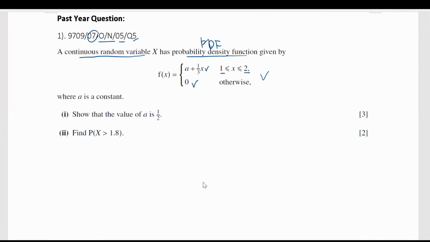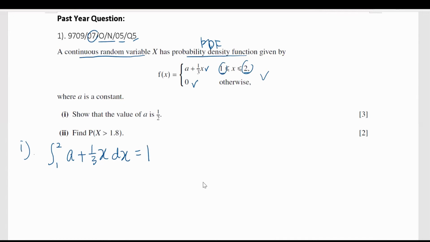So a is a constant. Part 1 shows that the value of a is half. Okay, so we try to use the property we discussed just now. As we know, this is a PDF function, which means if I integrate from 1 to 2, the lower to upper limit of the PDF function, it must be equal to 1.